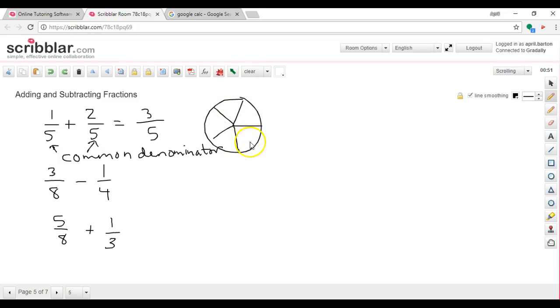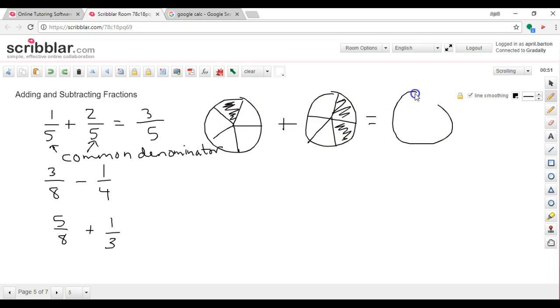So if you cut kind of like pie pieces, and we said, well, one of these pie pieces out of the 5 plus 2 of these pie pieces out of the 5, then total we have 3 out of 5 pie pieces.